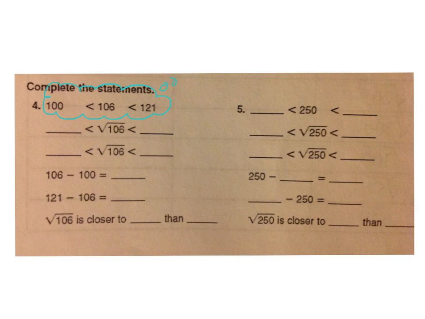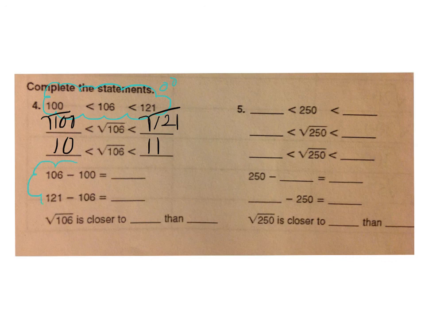So for the square root of 106, we've already thought in our head that 106 is between 100 and 121, the two perfect squares, which means the square root of 106 is between the square root of 100 and the square root of 121. Square root of 106 is somewhere between 10 and 11. Okay, but we want to know which one it is closest to.